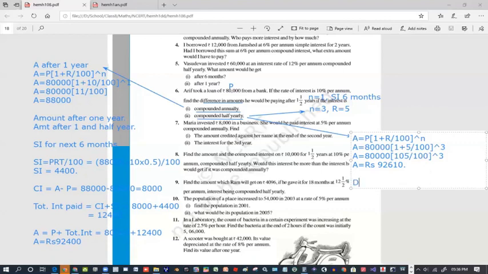So the difference in amount paid will be 92,610 minus 92,400. So the difference will be rupees 210. This is the final answer. The difference is 210.